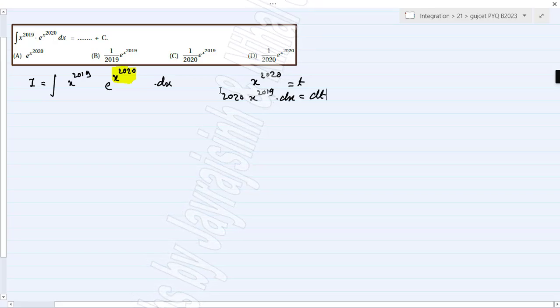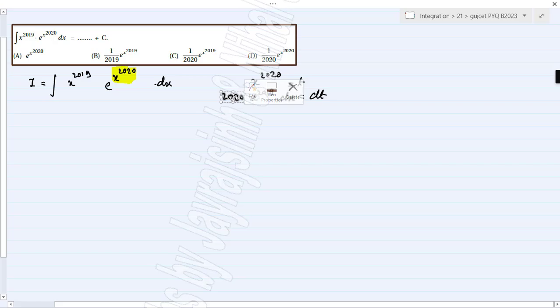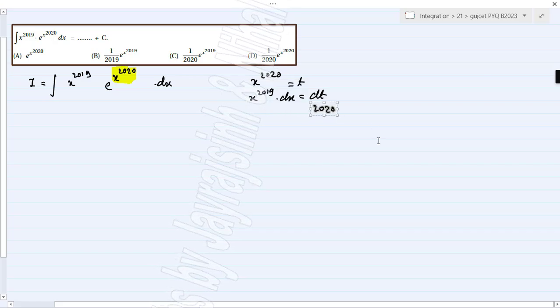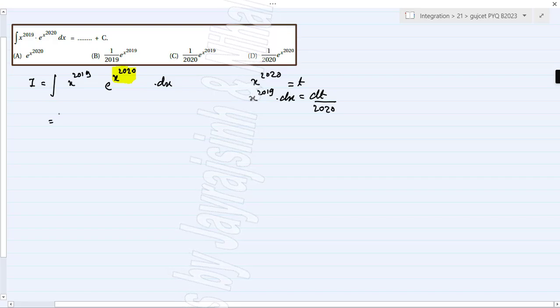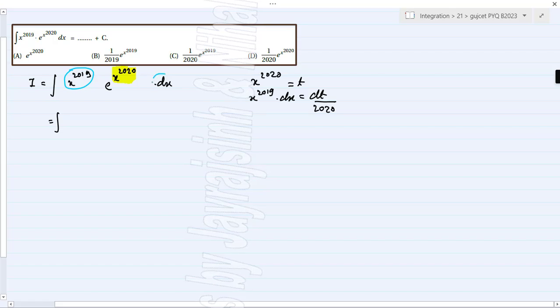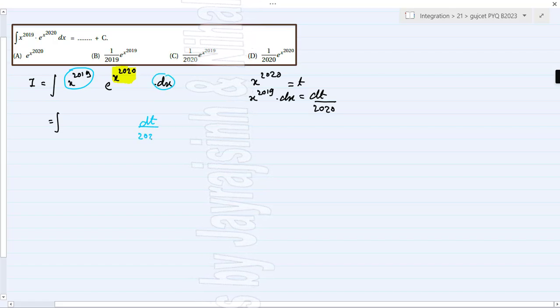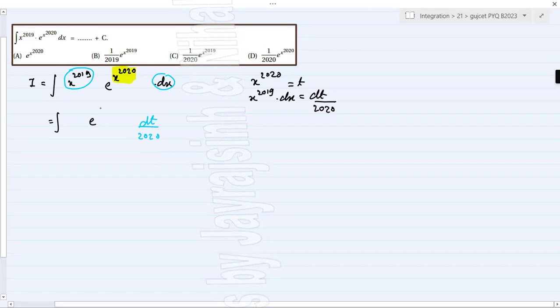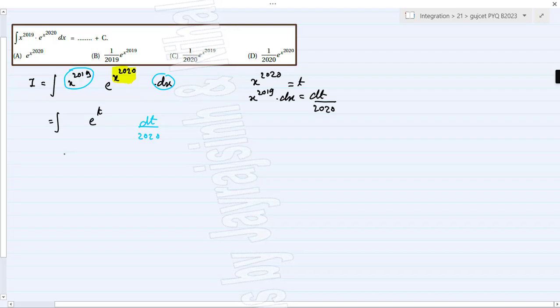Just move this term to the left side, so it will become dt by 2020. Now let's change the variables. This x raised to 2019 dot dx will become dt upon 2020, and e raised to x raised to 2020 will become e raised to t.